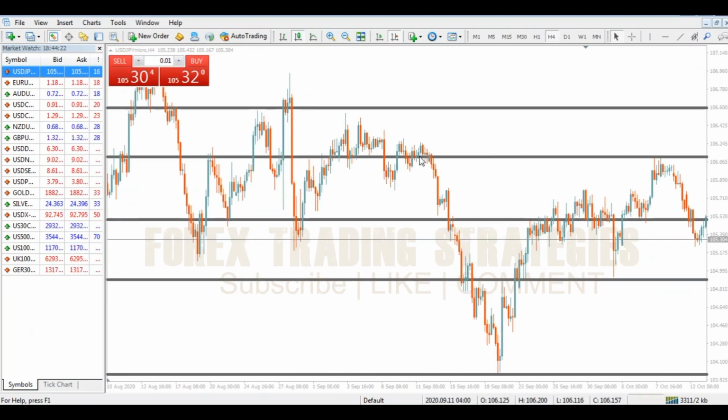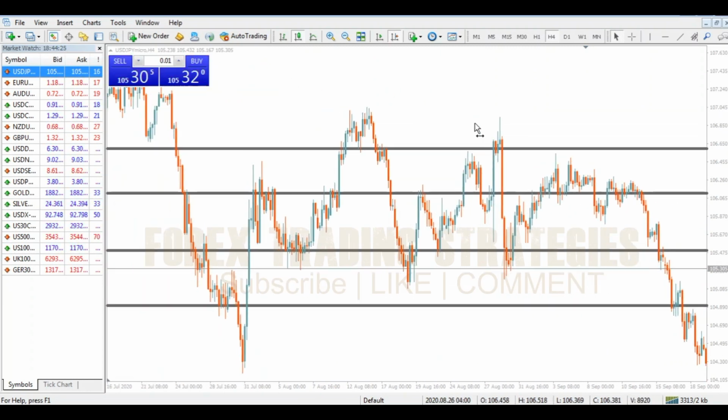You can see what price is doing, and this is different from those that are trading the 15-minute time frames.